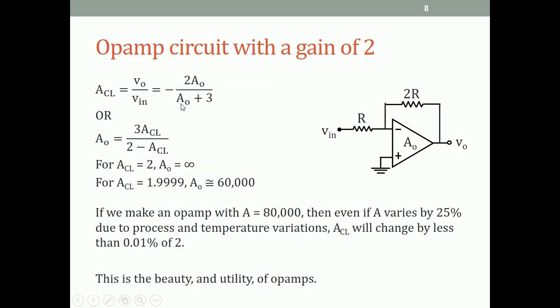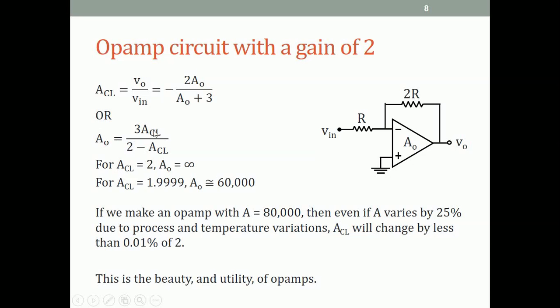Of course A0 is very large, 10 raised to 5 or so. So you ignore the 3, then the A0 cancels and you get Vout over Vin equal to minus 2, which is another amplifier with a gain of 2. Now let us think about this further. We can write this expression in terms of ACL for A0. A0 is equal to 3 ACL by 2 minus ACL, where ACL is the closed loop gain, which we want to be 2.